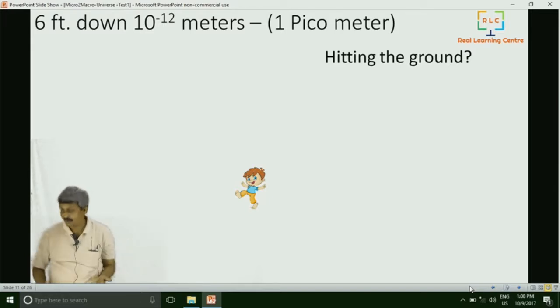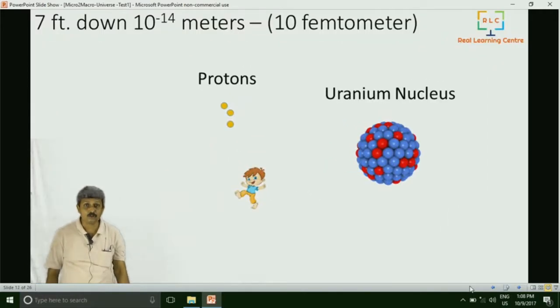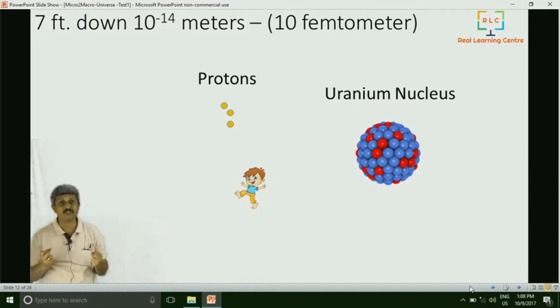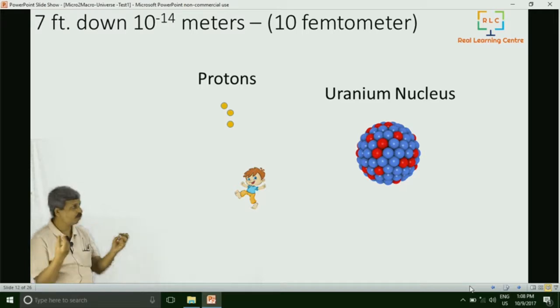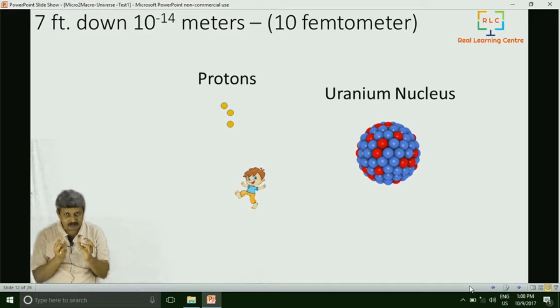Nobody can see you. If you go even further down, 1 more level, now you are getting into the femtometer range. 10 to the power of minus 15 meters is 1 femtometer. So now I am talking about 10 femtometers. Now you are starting to see the nucleus, which is in the center of the atom.